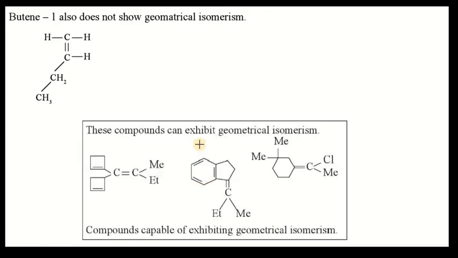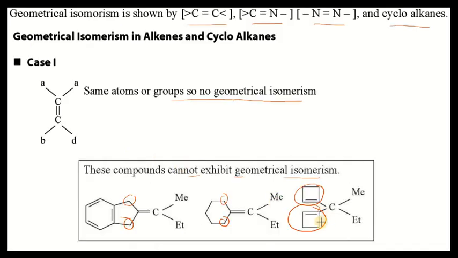Next, butene-1 does not show geometrical isomerism. Why? Because we have two hydrogen atoms here, the same. Next, which compounds can exhibit it? See, here double bond is present for this carbon, and here also.